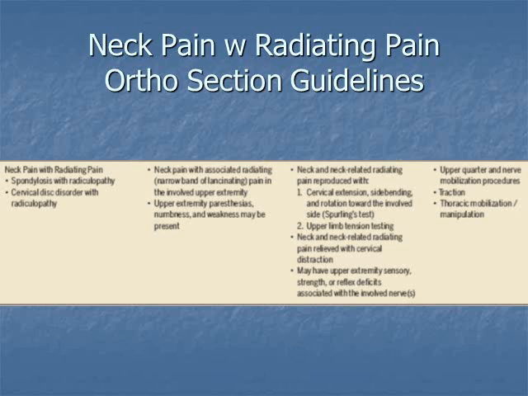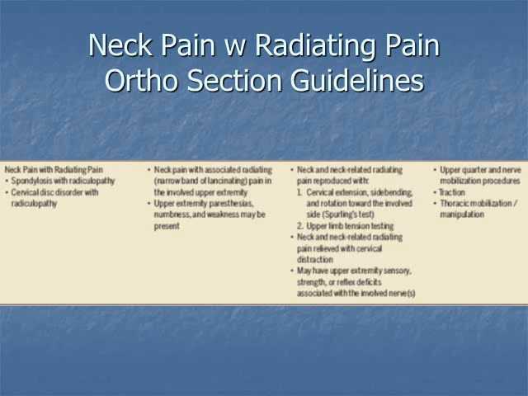Their pain may be reproduced with a Spurling's test, upper limb neurodynamic testing. Neck and arm-related pain may be relieved with cervical distraction, and they may again have those signs of nerve root compression such as upper extremity sensory, strength, or reflex deficits.